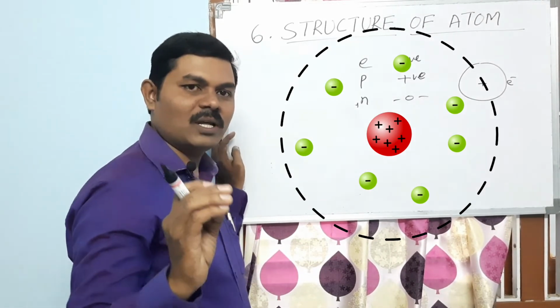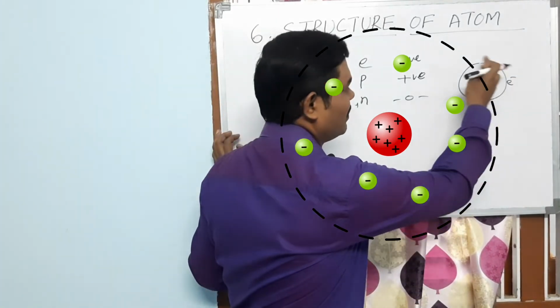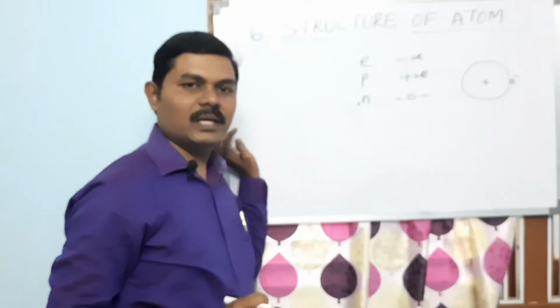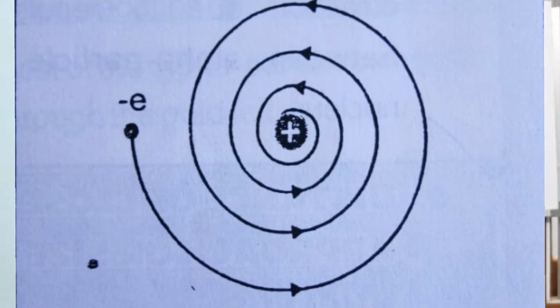So this model is known as the planetary model. Here electrons always revolve around the nucleus. But according to classical physics, whenever a particle revolves around a center, it will radiate its energy, lose energy and fall into the nucleus, and then the atom may collapse. So that is also one of the demerits.